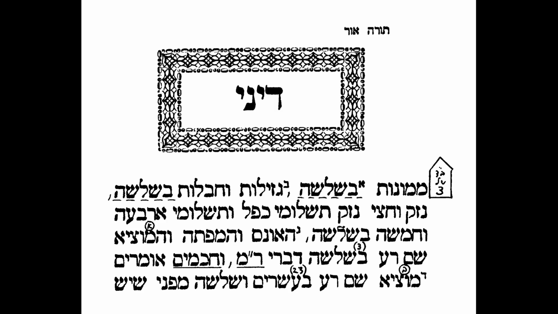laws, cases regarding financial matters are judged by 3 dayanim, gezelos v'chavolos b'shlosha, theft and battery by 3 judges as well. You can see that we've underlined the expression b'shlosha.